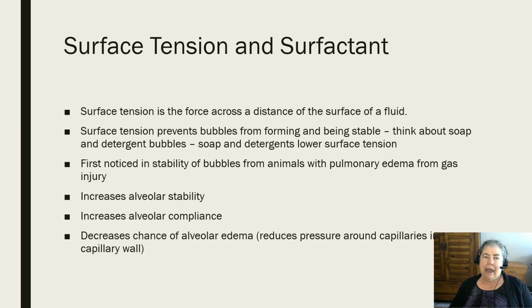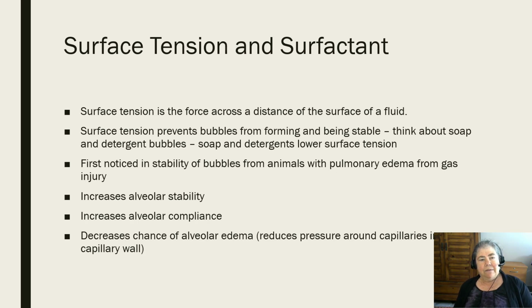After World War I, when the first chemical warfare agents like chlorine and mustard gas were used, physiologists doing research on animals exposed to those gases developed pulmonary edema and were coughing up fluid.